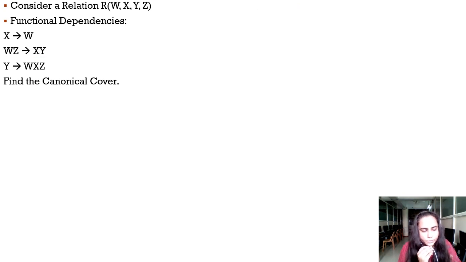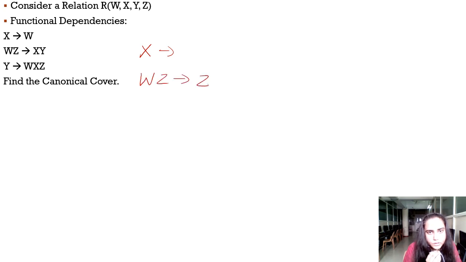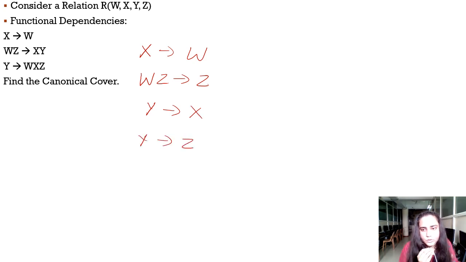From the previous calculation, whatever dependencies were left, I'm going to write them down. They are X determines W. Then we have WZ determines Y. Sorry, this is W. And then we have Y determines X. And we have Y determines Z. Now from these, there is only one dependency that has two attributes on the left side.